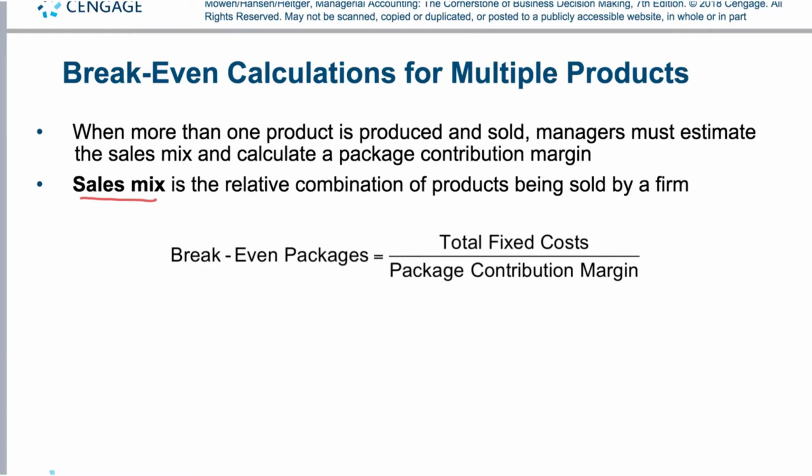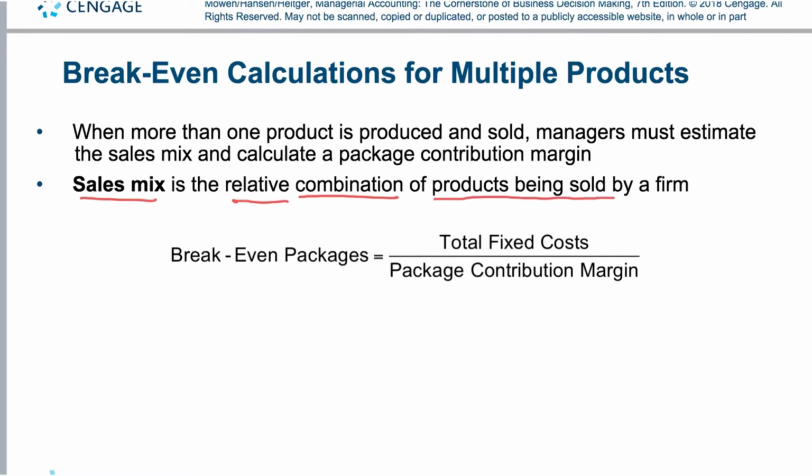You can almost think of it like a bundle, right? So if you're a ski shop, it's skis versus boots. You're not always selling skis and boots together, but over the course of a year, you're going to sell some number of skis relative to some number of boots, right? Your sales mix is the combination, the relative combination of products being sold.